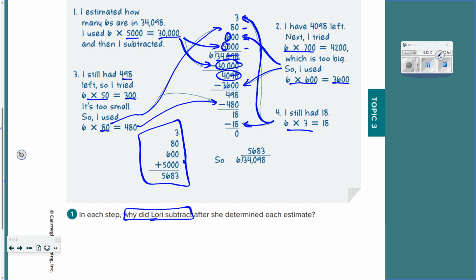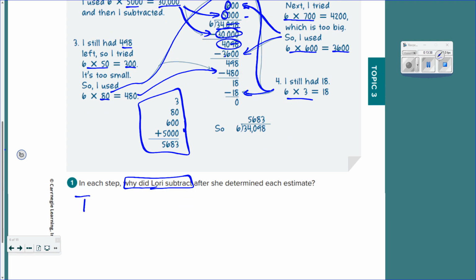It's because division is just repeated subtraction, so they were subtracting it each time so they don't have to add too much. It is repeated subtraction. So by subtracting your estimation, what did you find out? How much you have left. So why did she do the subtraction? To find out how much she still had to get rid of.